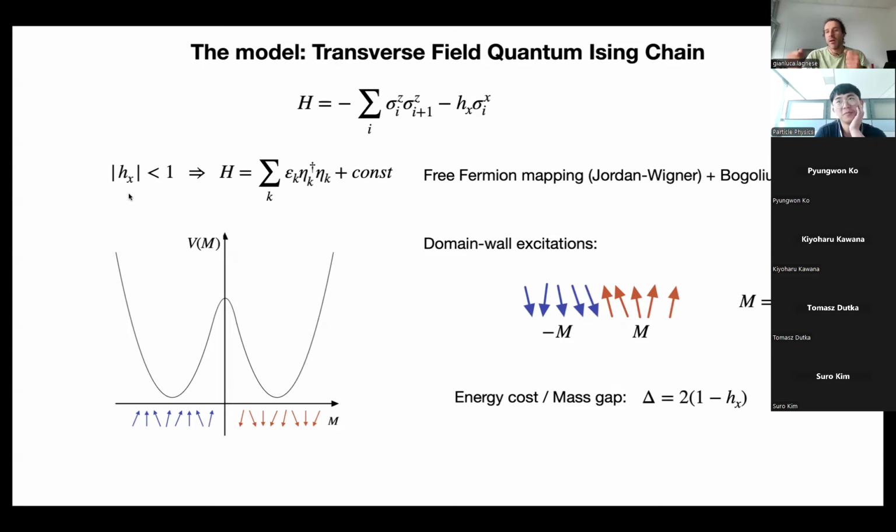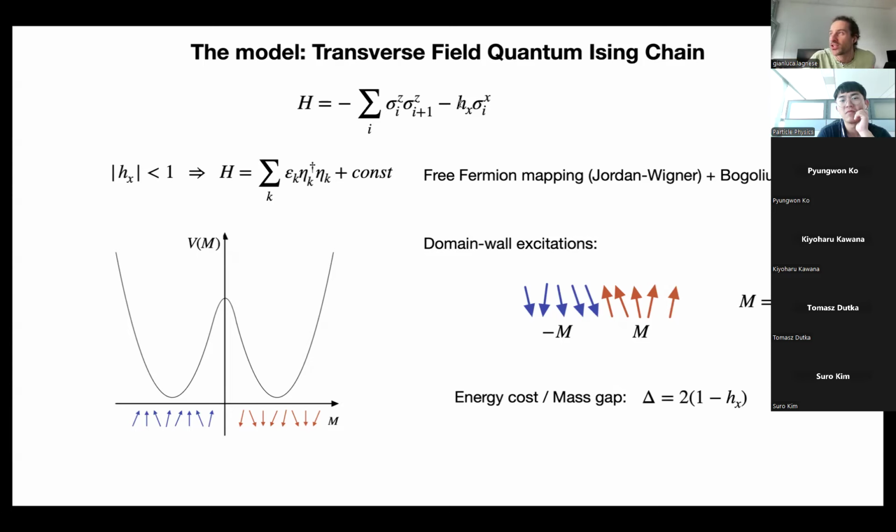So it's not a product state of all up, but some linear combination of up and down: all up, but also some down somewhere. Of course, when you cross the phase transition, when you cross hx equal 1, it's kind of completely random because your system is going in the x direction.